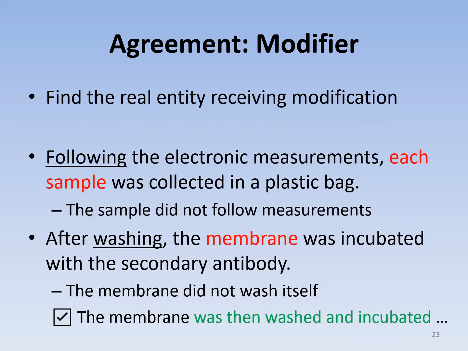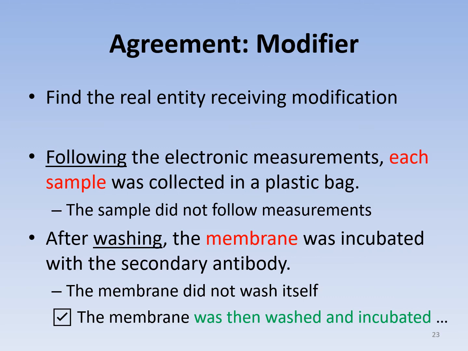We can see more examples here on this slide. Following the electronic measurements, each sample was collected. Basically, this is the same problem as the previous sentence. And the same situation here again. After washing, the membrane was incubated with a secondary antibody.